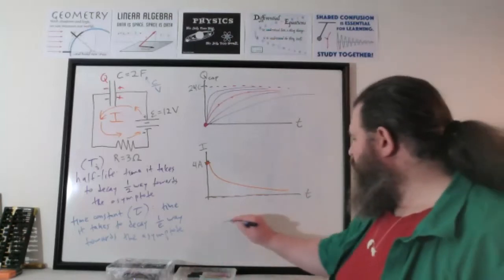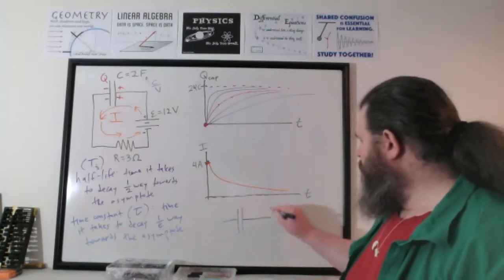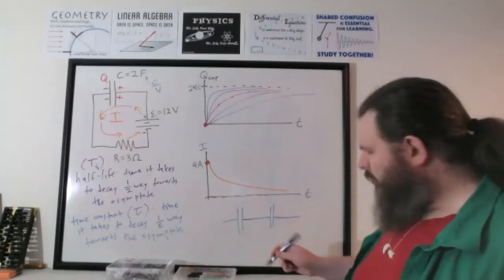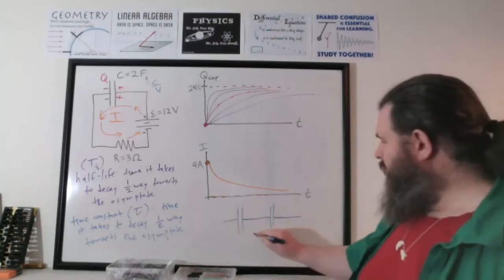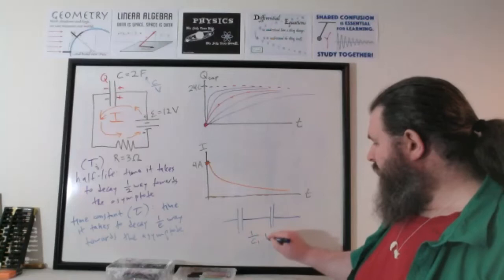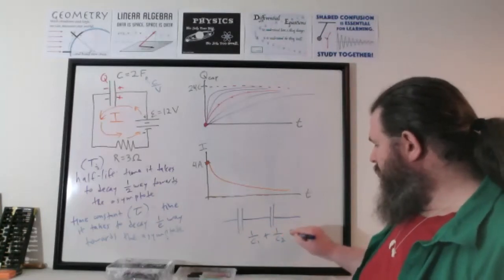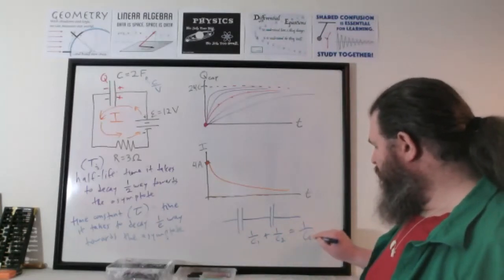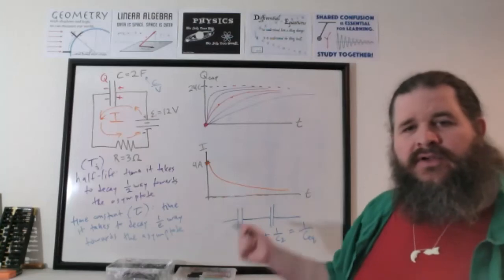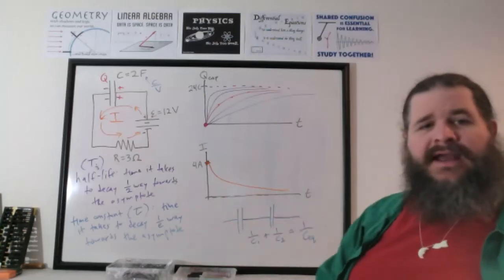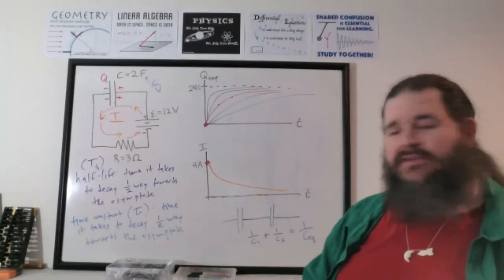If you've got capacitors in series, you would add the reciprocals of the capacitances to get the reciprocal of the equivalent capacitance. So these capacitors in series are going to act like a capacitor with smaller capacitance.